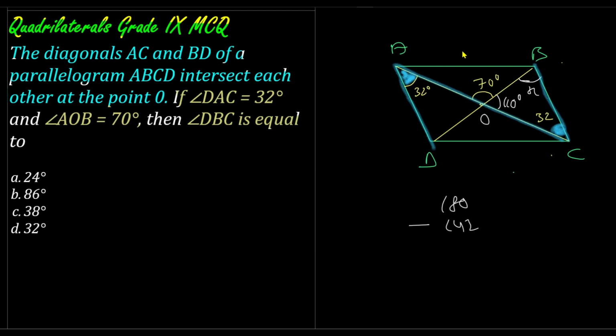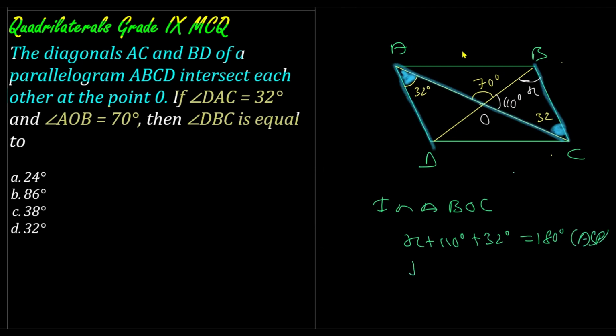Let's say I write this as X, and I will explain that here in this triangle BOC, we have X plus 110 plus 32° should give you 180°. And the reason is the angle sum property. So this is X plus 142 is equal to 180.